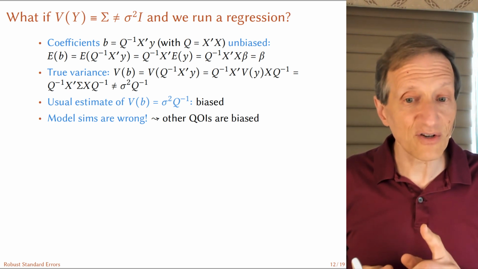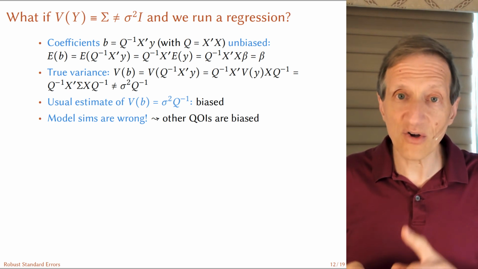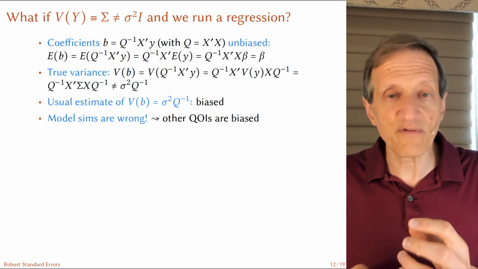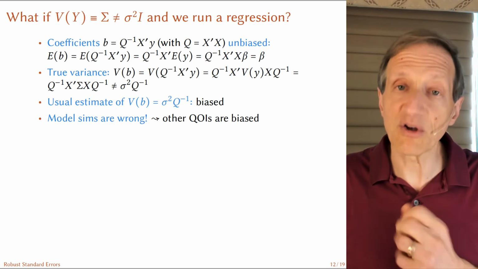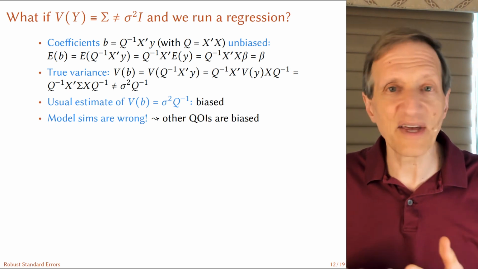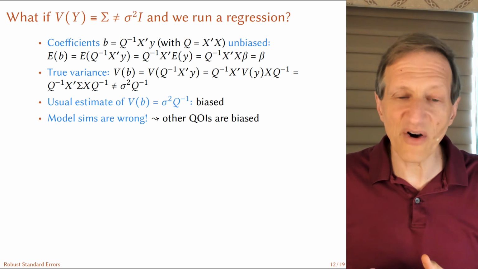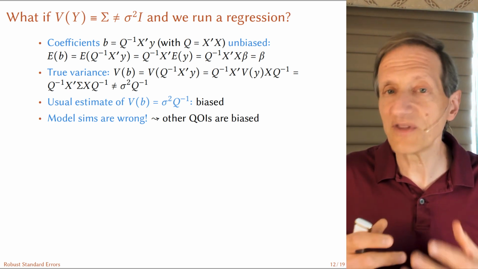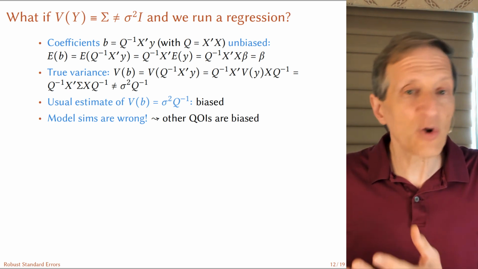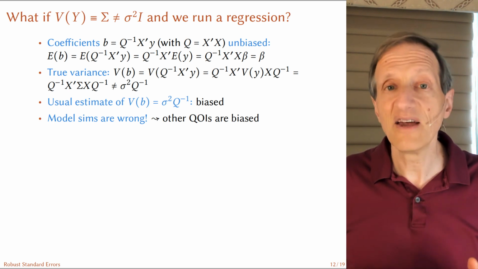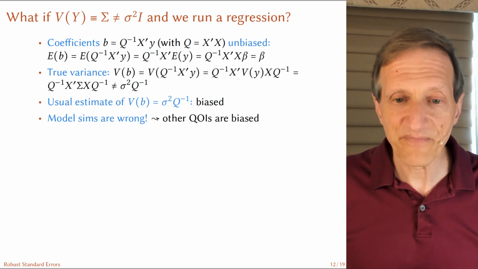It's not essential to the coefficients themselves, because we've proven that the coefficients themselves are unbiased. But other quantities, like the probability that a candidate's going to get a majority of the vote, are biased. The variance of the predictions, they are biased. So some quantities are biased, some quantities are not biased if you mess up the variance covariance matrix.